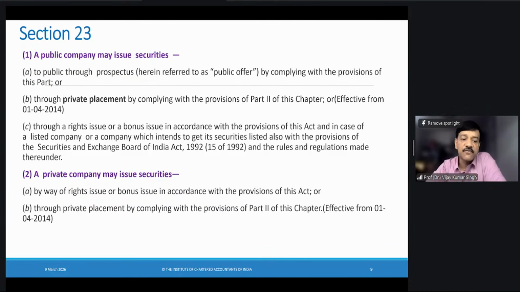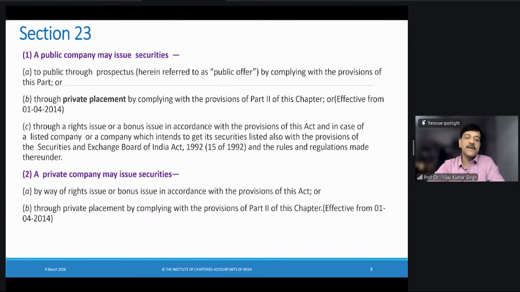Now, coming back, a private company can issue securities by way of only two things. One is by way of rights or bonus issue in accordance with the provisions of this act, or by way of a private placement. So these are the only two modes which are available for a private company to raise capital. If a private company wants to raise capital or issue securities to the public, it has to convert itself into a public company.